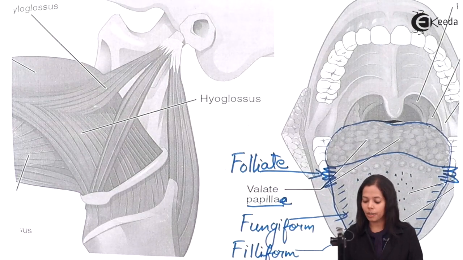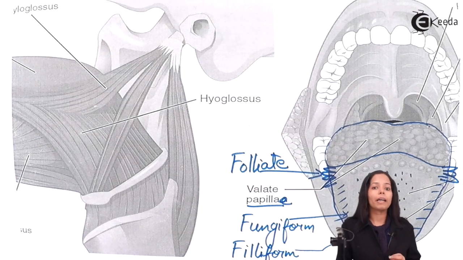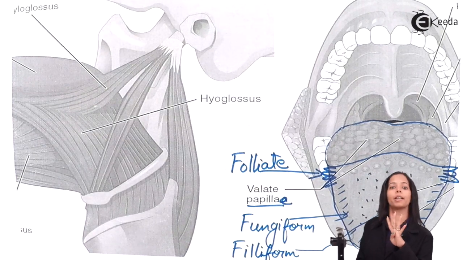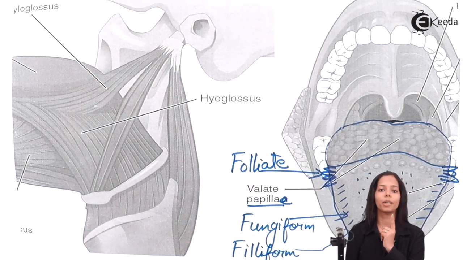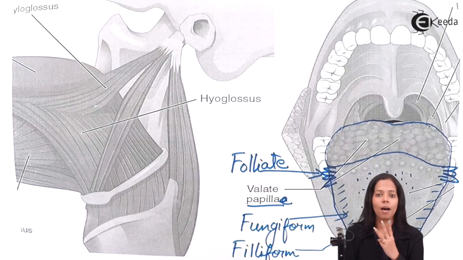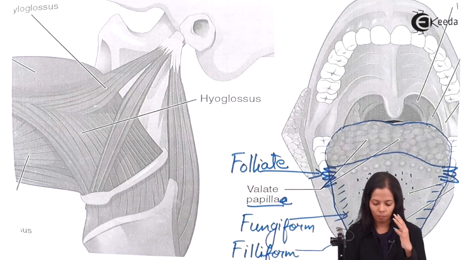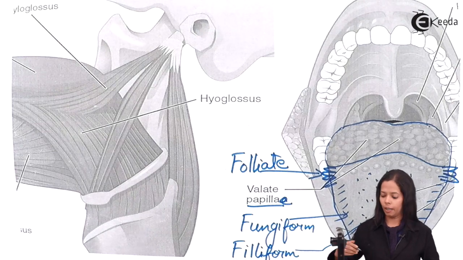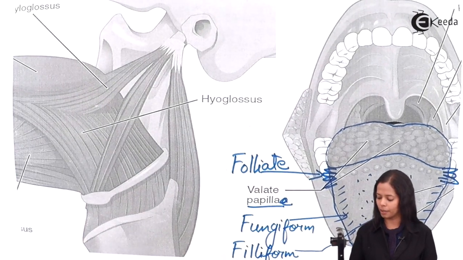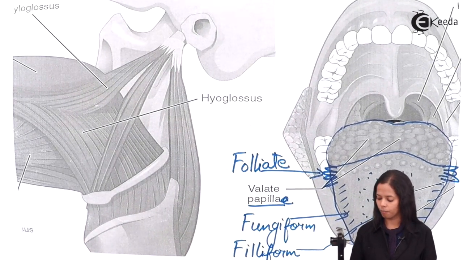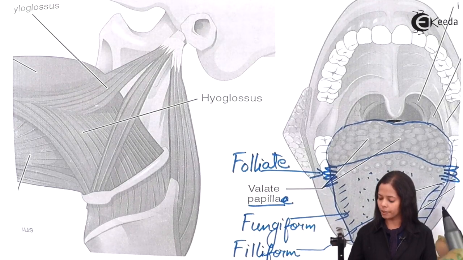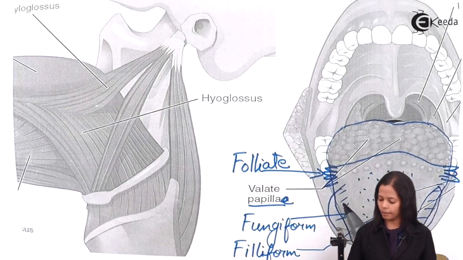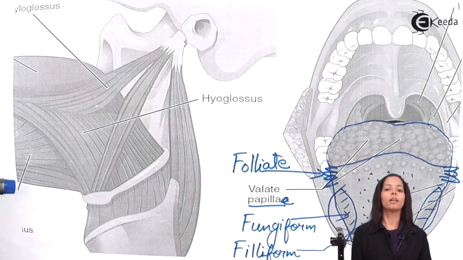Fine. Now speaking about the taste buds. Our tongue can taste only 4 varieties, that is sweet, salty, sour and bitter. The tip of the tongue can taste sweet. The sides of the tongue can taste salty food.